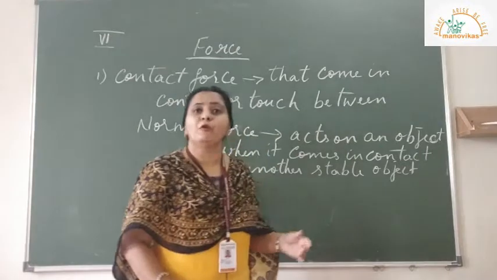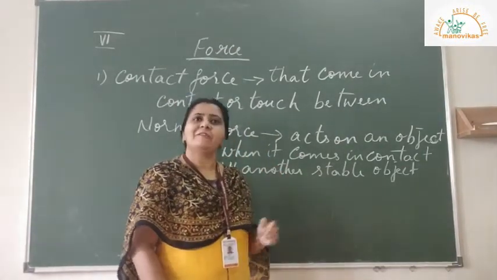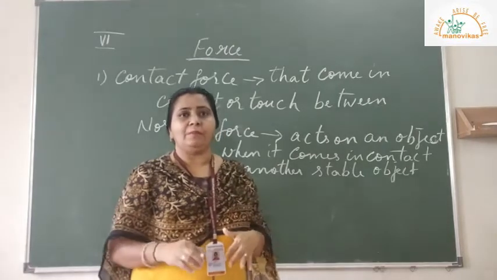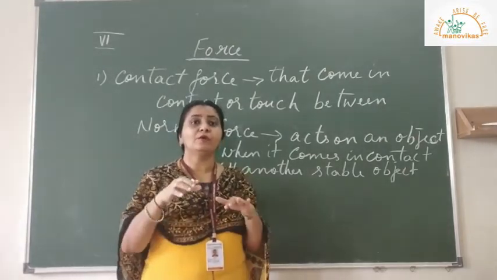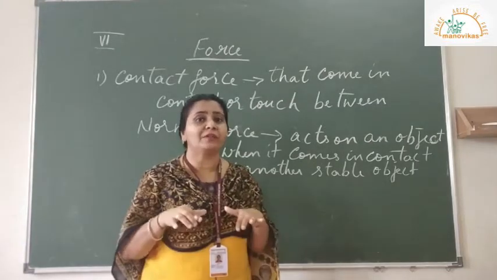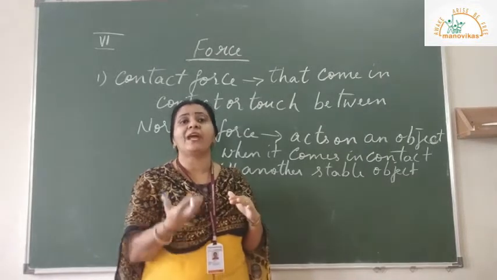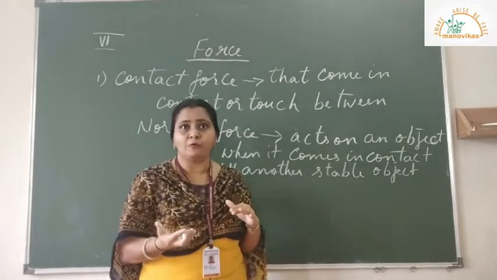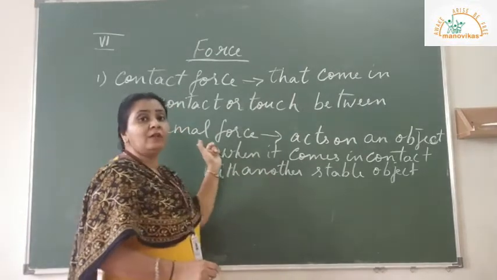That type of force is known as normal force. For example, when you keep a pile of books on the table, the book exerts a force on the table. At the same time, the table also exerts an upward force. That type of force is known as normal force.